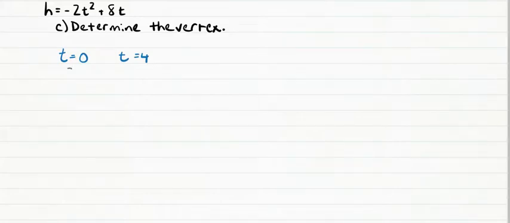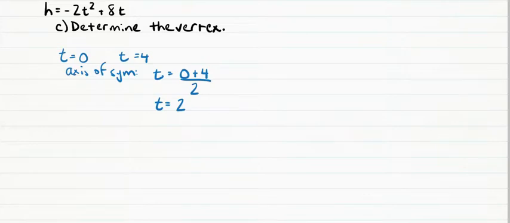So the axis of symmetry will be t equals the average of these two values. So 0 plus 4, and then we divide by 2 to find the average. So we get t equals 4 divided by 2 is 2. So the axis of symmetry occurs at t equals 2.